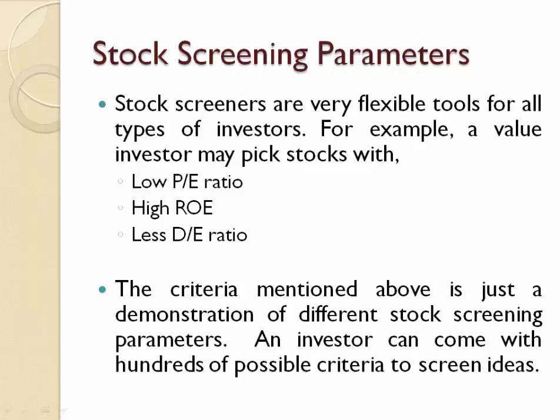For example, a value investor may pick stocks with a low PE ratio, high return on equity, and low debt equity ratio. The criteria mentioned above are just a demonstration of different stock screening parameters. An investor can come up with hundreds of possible criteria to screen ideas and pick stocks.